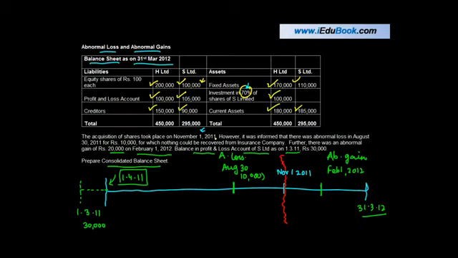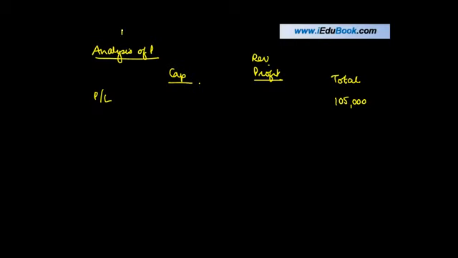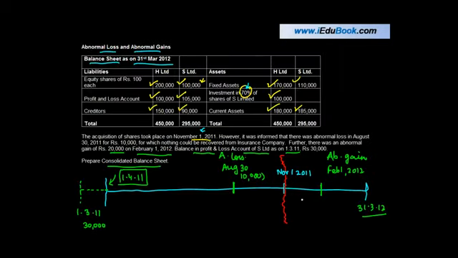Okay, the acquisition of shares took place on November 1, 2011. Which means there are 7 months of pre-acquisition and 5 months of post-acquisition period. But there is an important thing which we need to note here. This 7 and 5 is what happens normally. In my case, the profit figure which is given is 30,000, but this is on 1st March 2011.